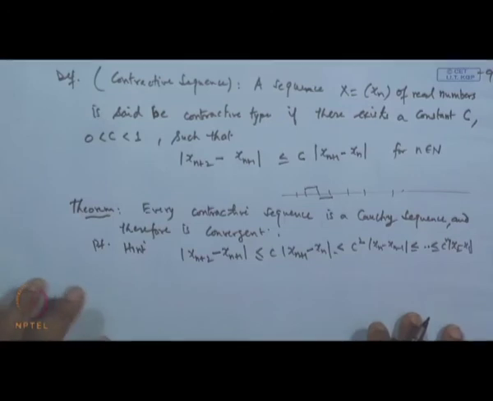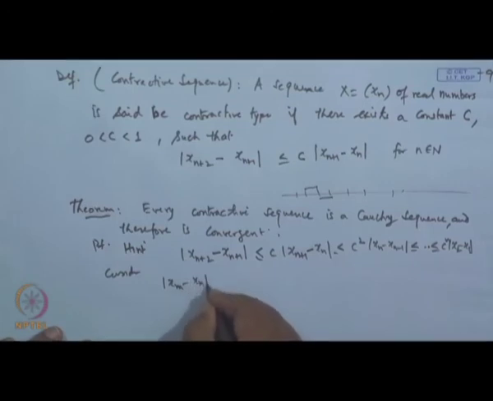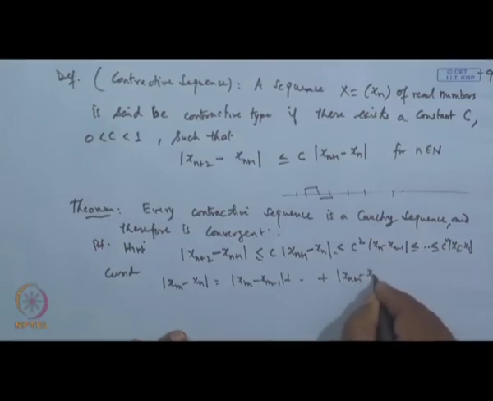Now consider mod of x m minus x n, and break it up into the parts mod x m minus x m minus 1 up to mod x n plus 1 minus x n.